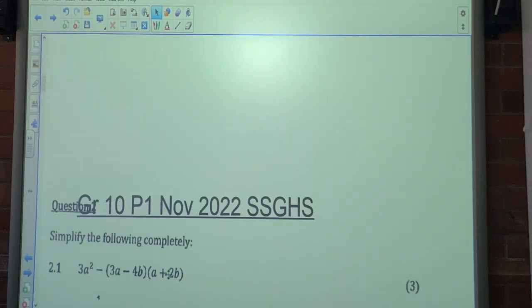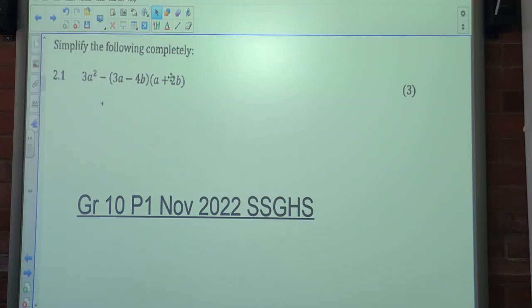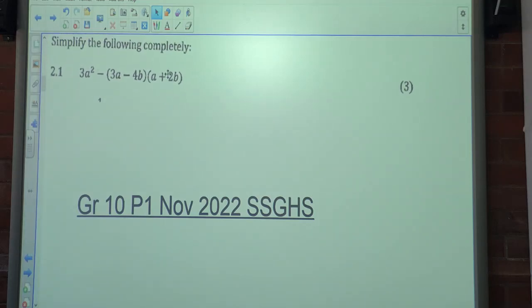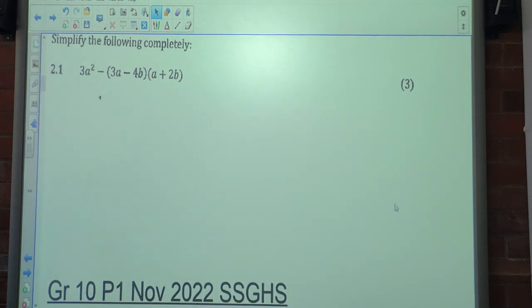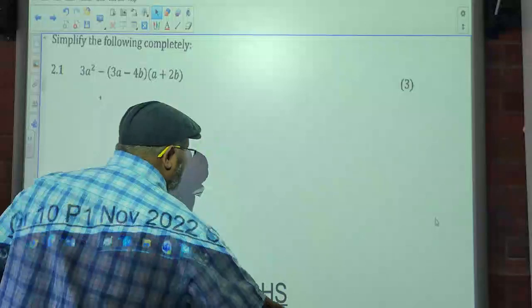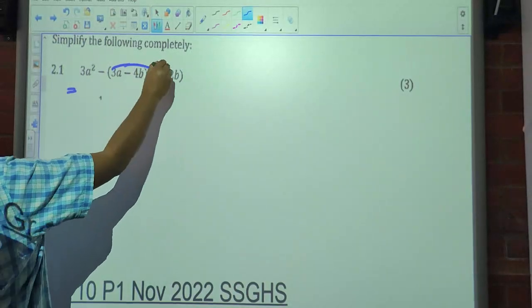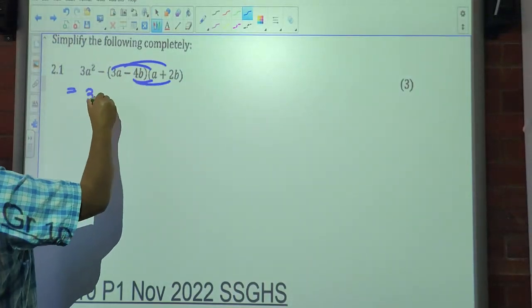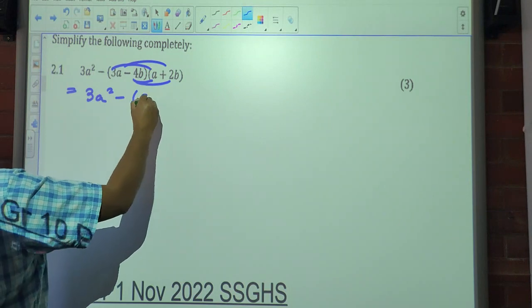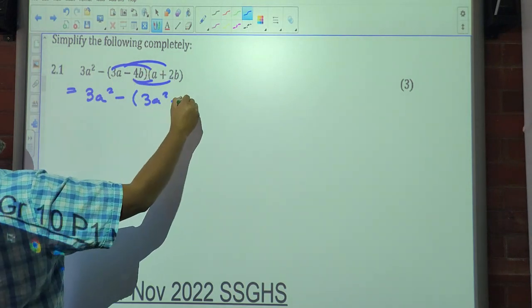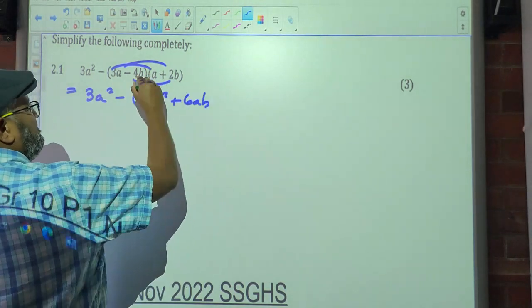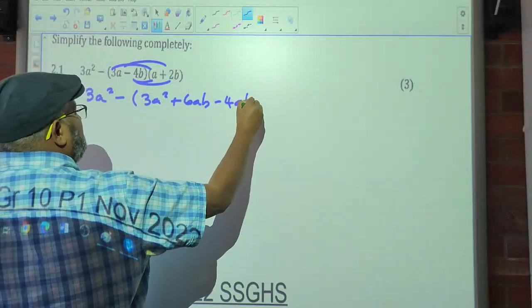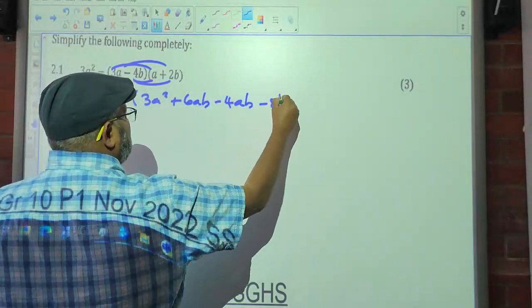People, let's look at number 2. Simplify the following completely. Start by multiplying this bracket out. That gives us 3a squared minus open brackets 3a squared plus 6ab minus 4ab minus 8b.